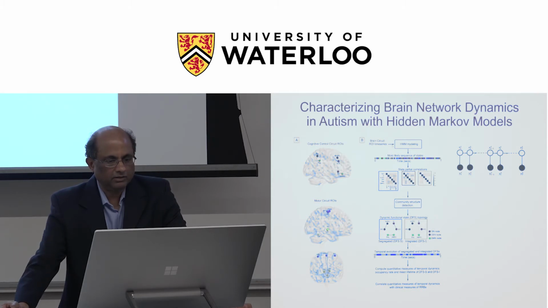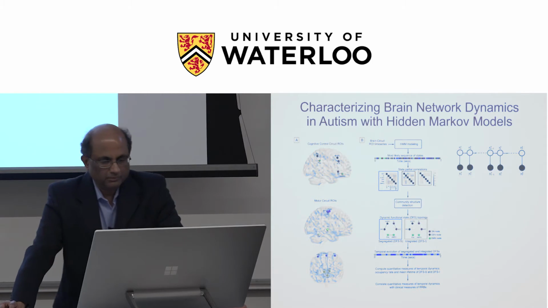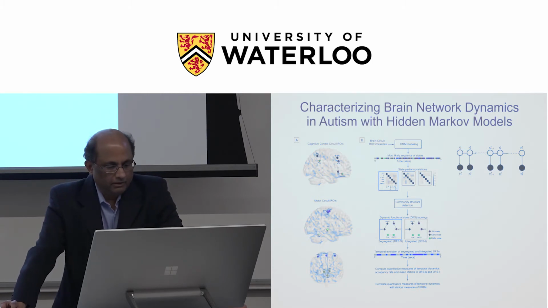And then we can either use a window-based approach or a hidden Markov model, which gets you the latent states. And from those latent states, you can get the community structure of each state. And then through thresholding or other approaches, you can get at the overall community structure.